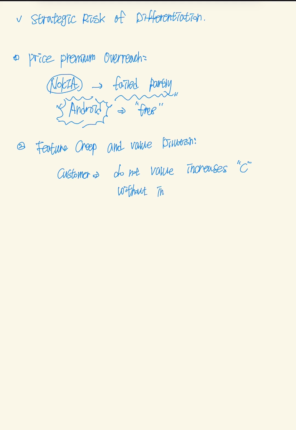Increasing V. So this is the Swiss Army knife problem. Each additional feature seems logical in isolation, but collectively they make the product complex, expensive, and difficult to use. So destroying the simplicity premium that originally drove V as well.